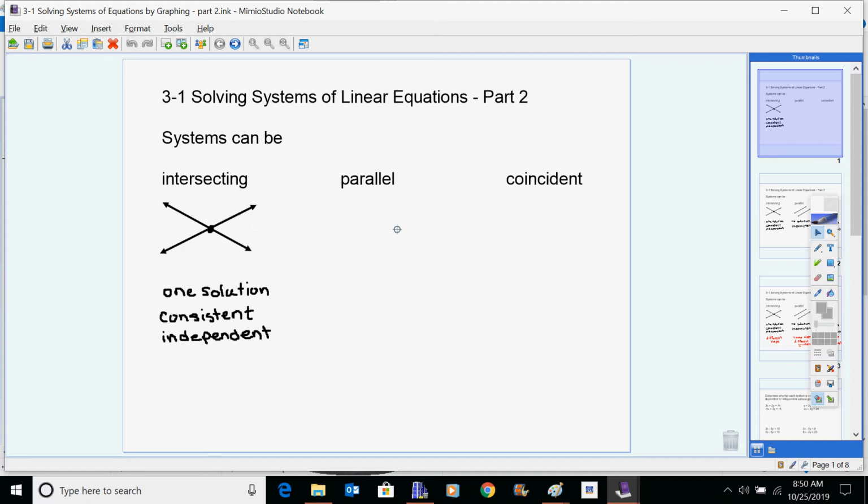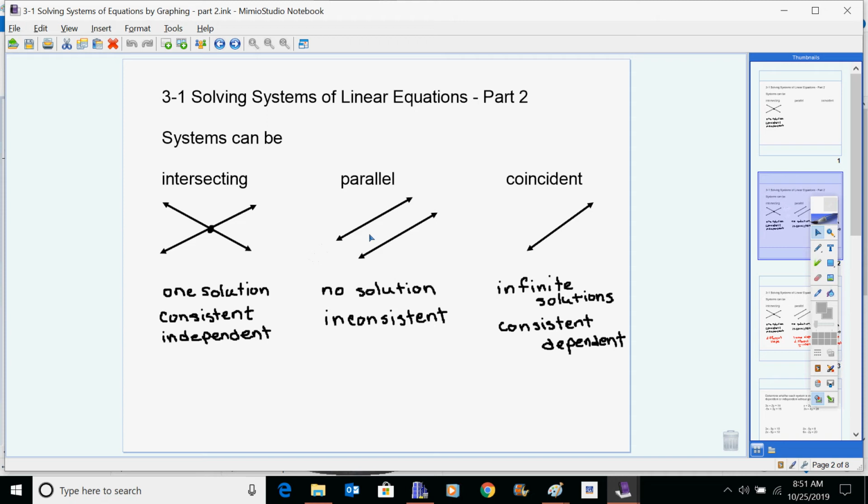The other thing that might happen is that the lines might be parallel. If the lines are parallel, how many solutions would there be? Well, if they're parallel, do they ever cross each other? No. So there's no solution on those.